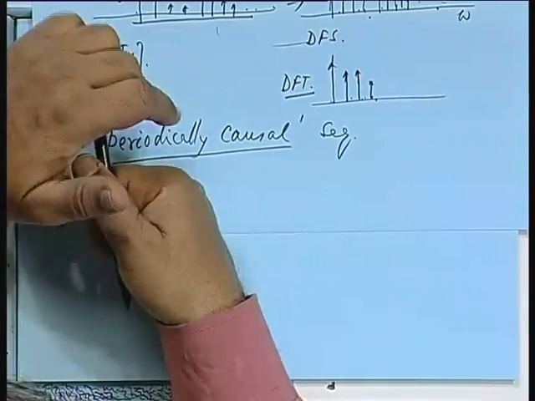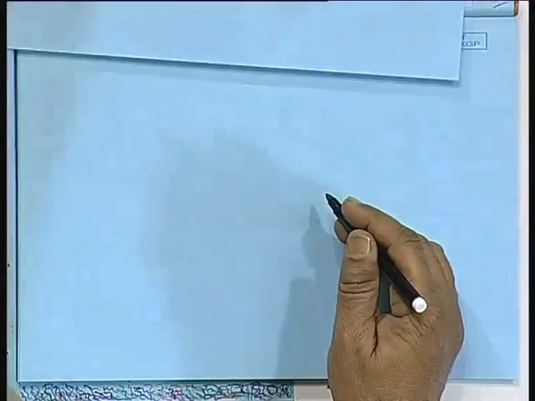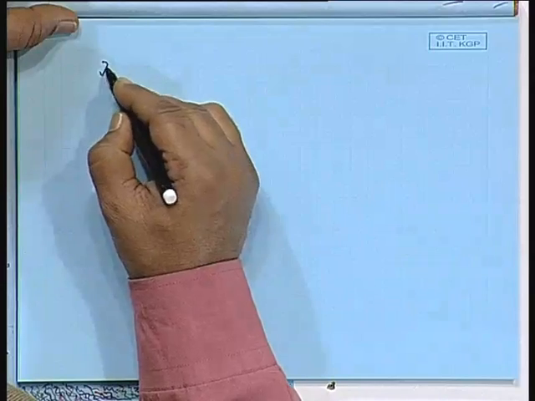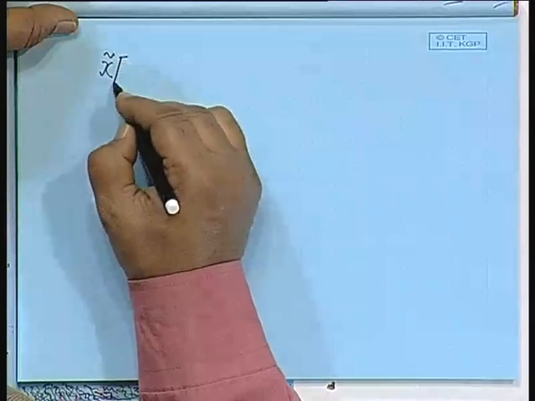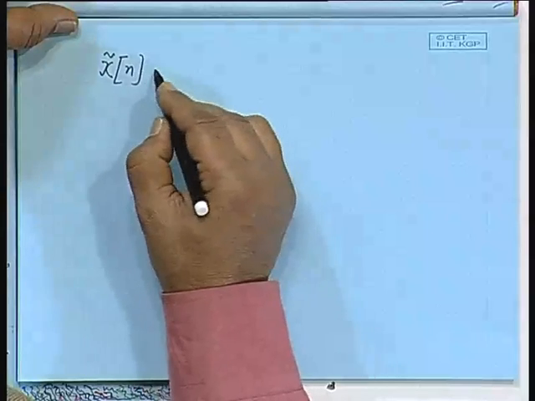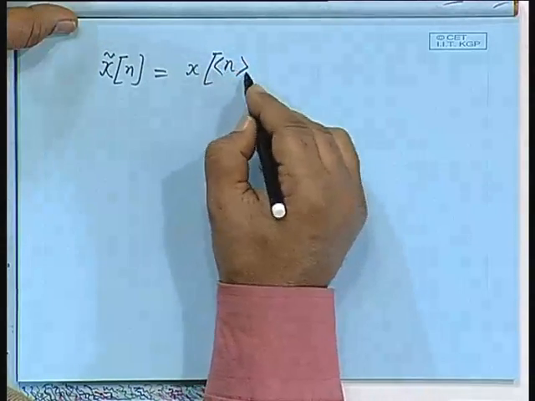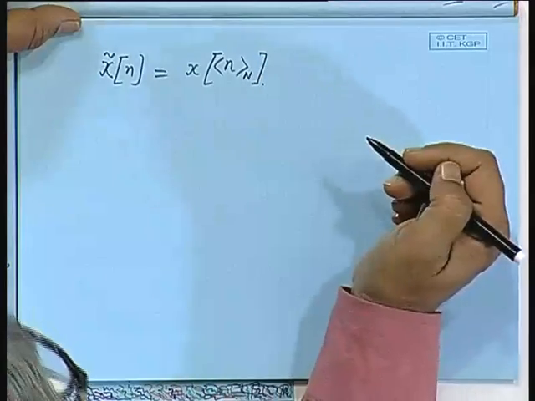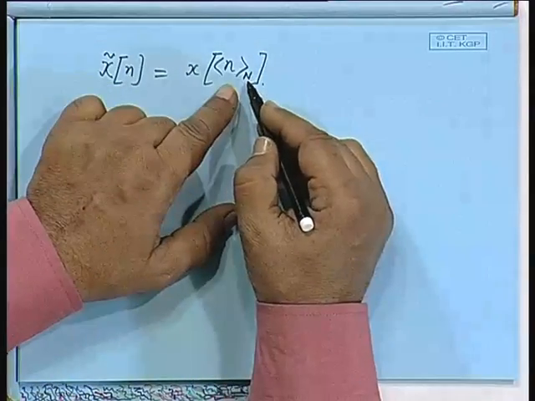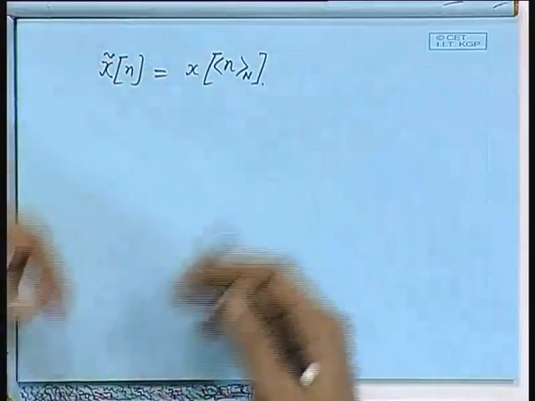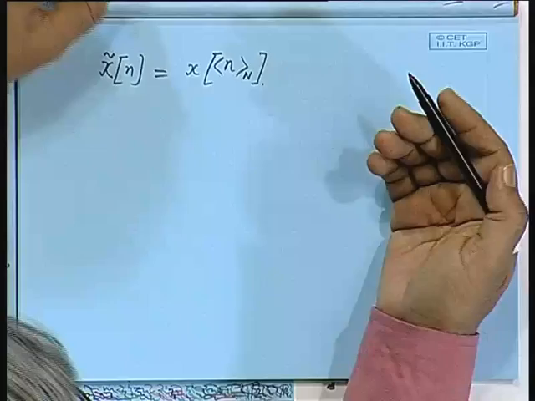Let us see what that sequence is like after appending with zeros. We take this periodic sequence as x tilde n, which is x of n modulo N. The moment I write modulo N it means it is periodic, you keep on subtracting N, and the magnitude is repeated after every N steps, all right.